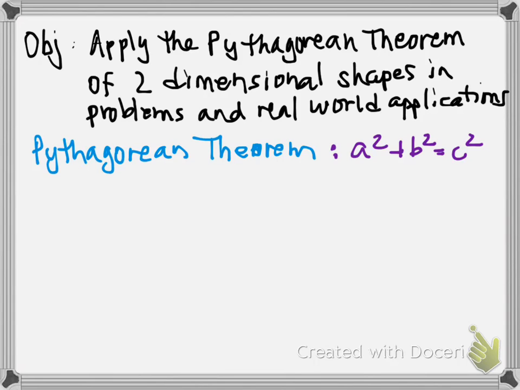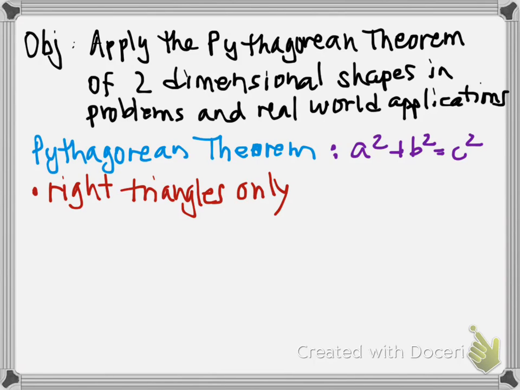So some key ideas that we know about the Pythagorean theorem is number one, it's right triangles only. This doesn't apply to isosceles triangles or scalene triangles. Only if there's a right angle can we apply the Pythagorean theorem.